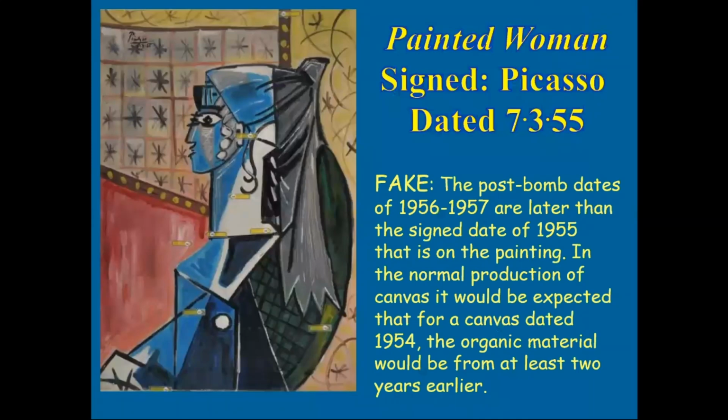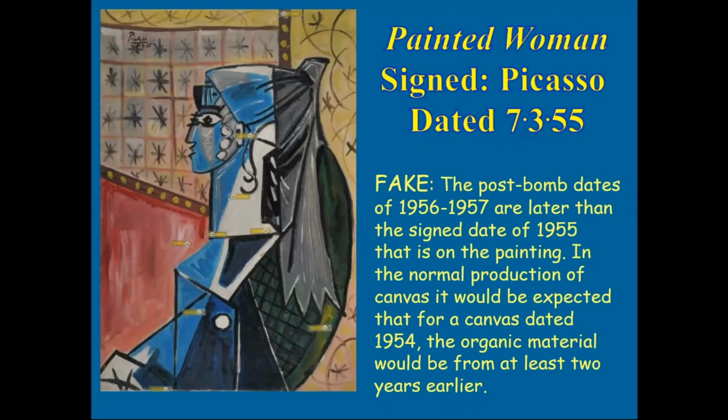We were also given a piece of a canvas from a painting that was signed Picasso and dated 7/3/55, which in the European way of writing things would have been March the 7th, 1955. And this was supposed to have been one of Picasso's mistresses.